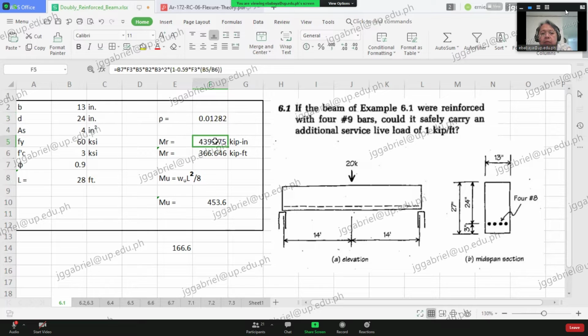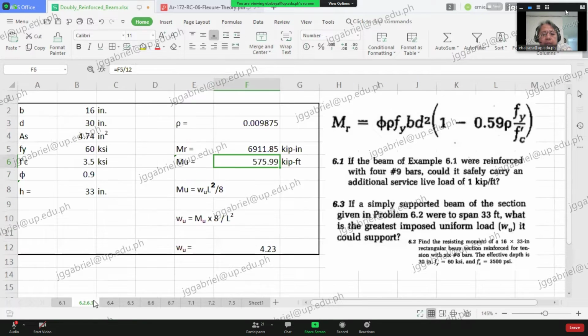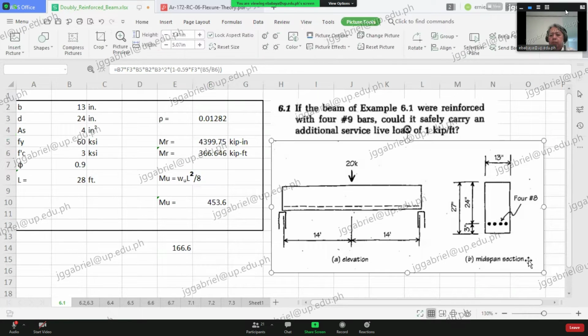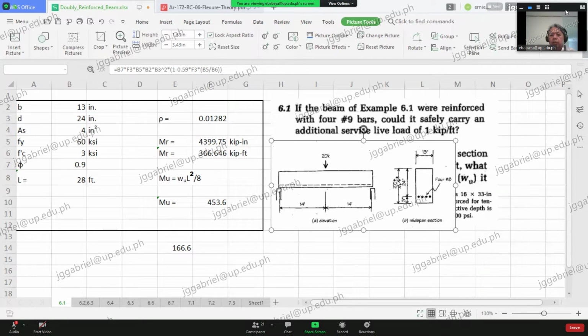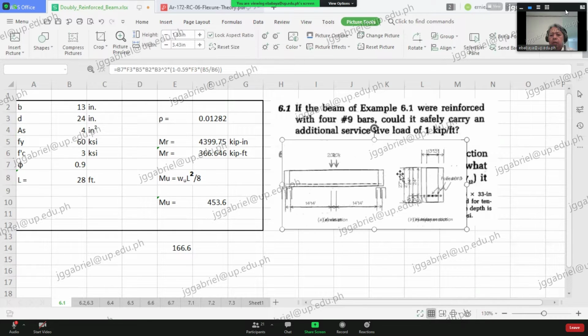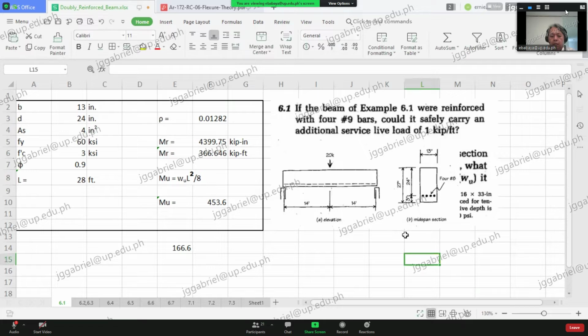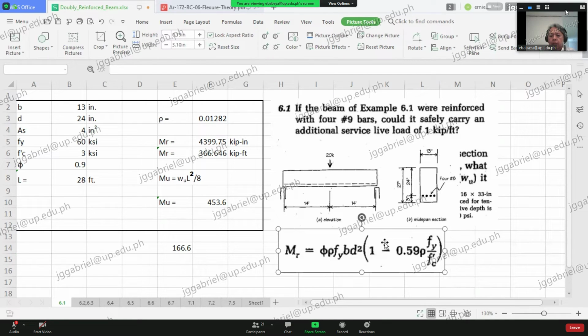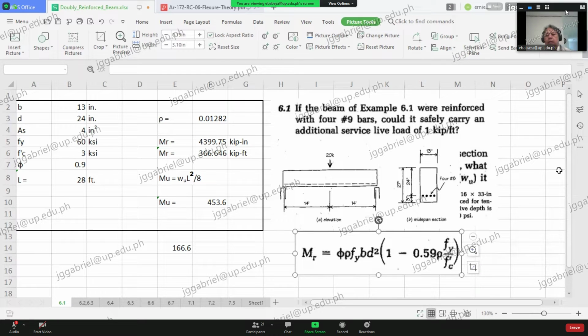Now, computing for the resisting moment, applying the formula. Okay, where did we get this formula? There's the formula.